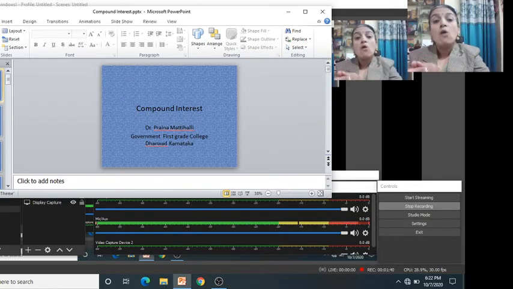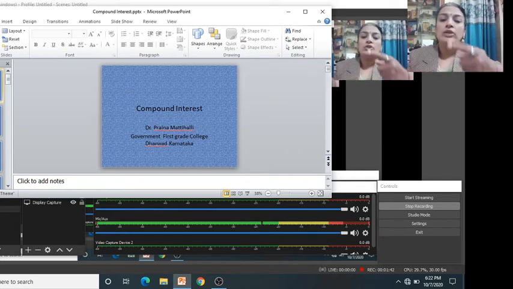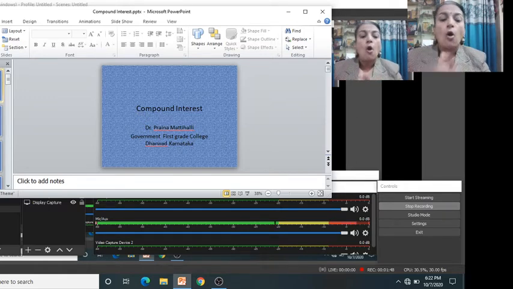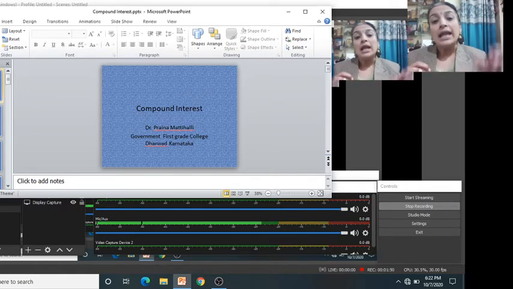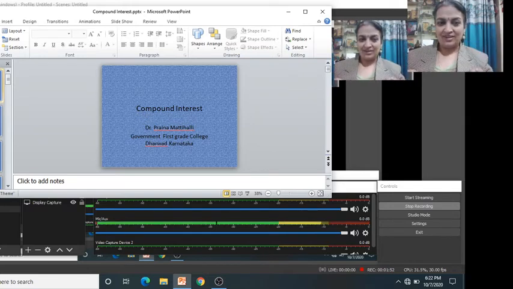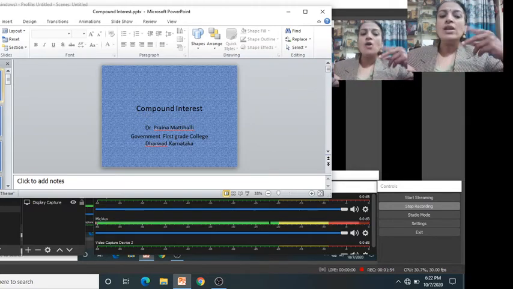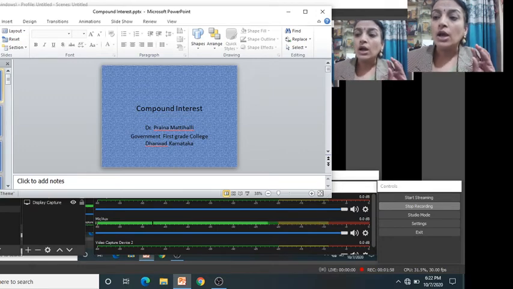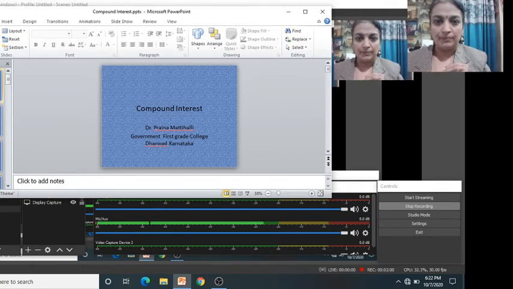On this amount, again the next interest will be calculated. That means you have to pay or gain interest on interest. Interest on interest is the method of compound interest.